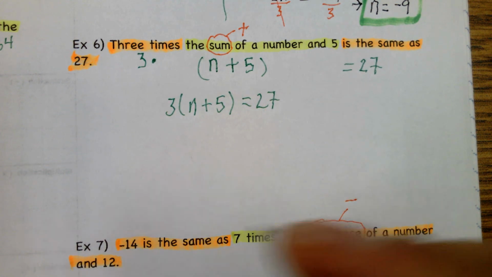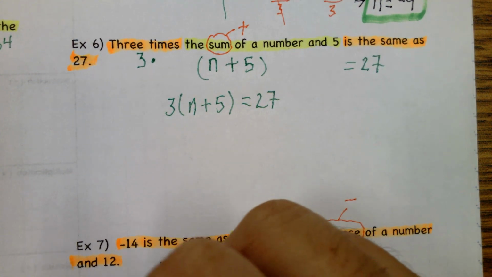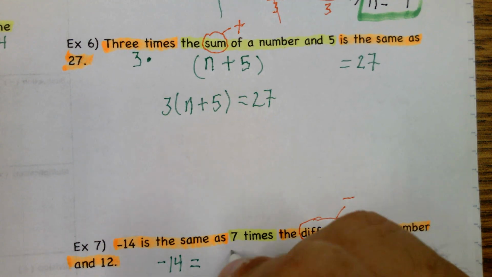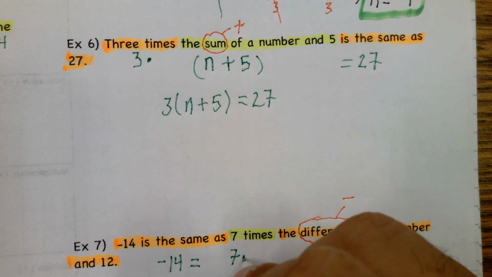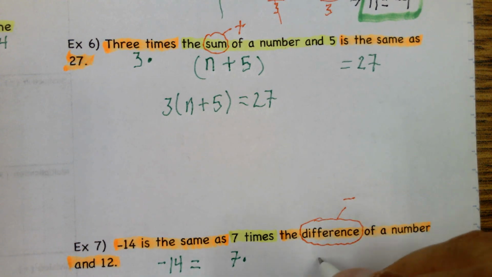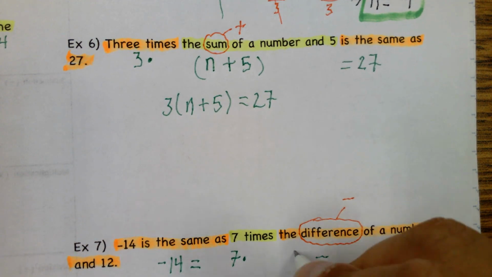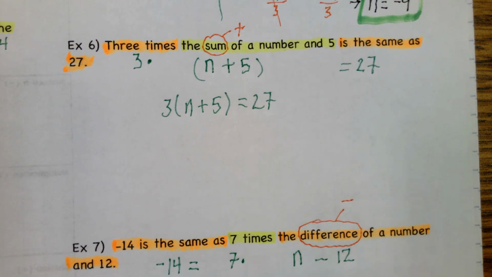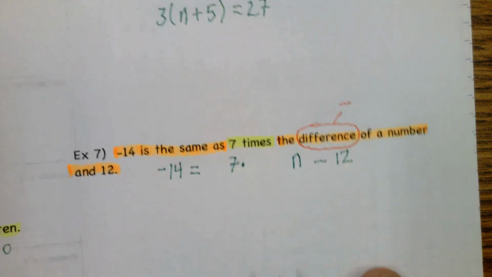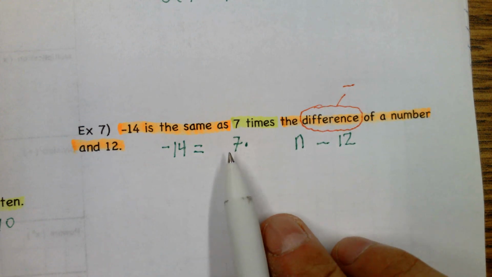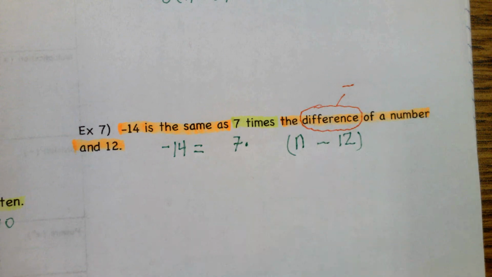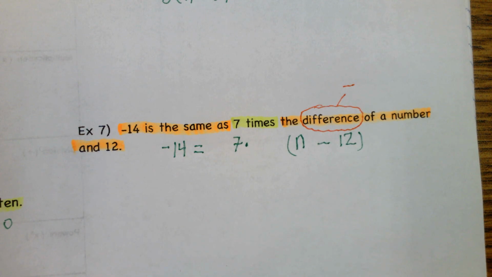Okay? So we have negative 14 is the same as 7 times the difference of a number and 12. And again, this is telling us to multiply 7 times both of these. So we need parentheses.